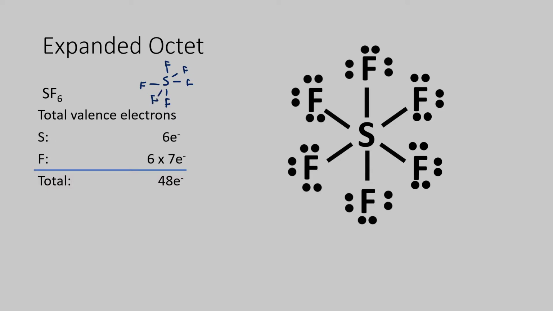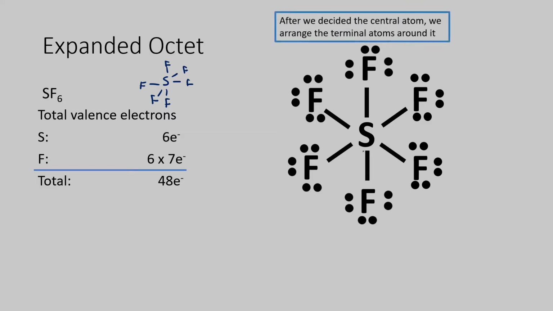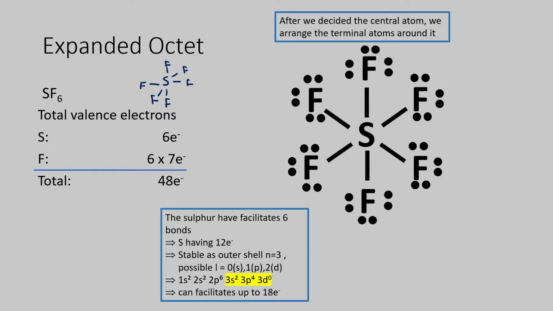Right. So when kita dah isi, sulfur ni terlebih. And why is so? If you guys tengok, untuk sulfur, kalau you guys susun, you guys akan berhenti sini kan? This is dia punya valence electron.